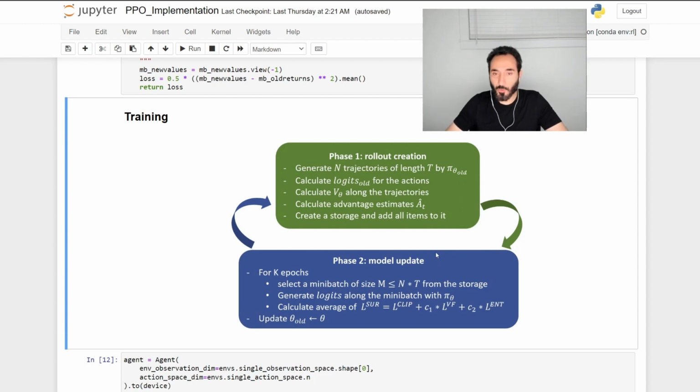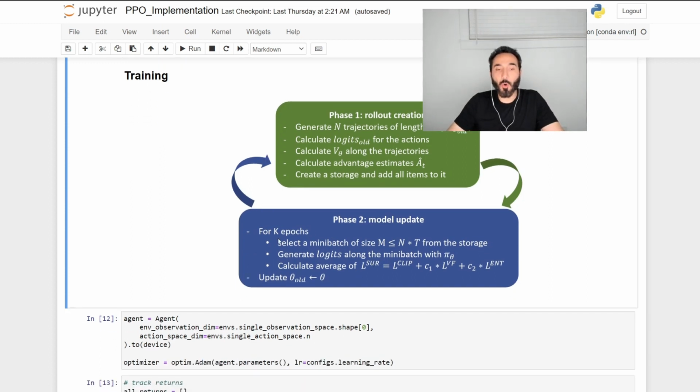In phase 2, what we want to do is work with pi theta, the new policy, which is the modified version of pi theta old, and we want to modify it in the direction that gives us a better policy. We have already gone over the loss terms, so we know that if we optimize for those losses, the policy is going to get better. And that's exactly what we do. We go over k epochs, and for each of the epochs, we take samples from the rollouts.